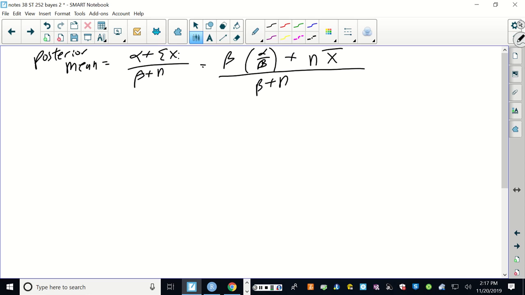So what happens with our little story here? We had alpha over beta set to, what did we set it at? 36.6. So here are some data coming in that I simulated from a Poisson based on what the website said.